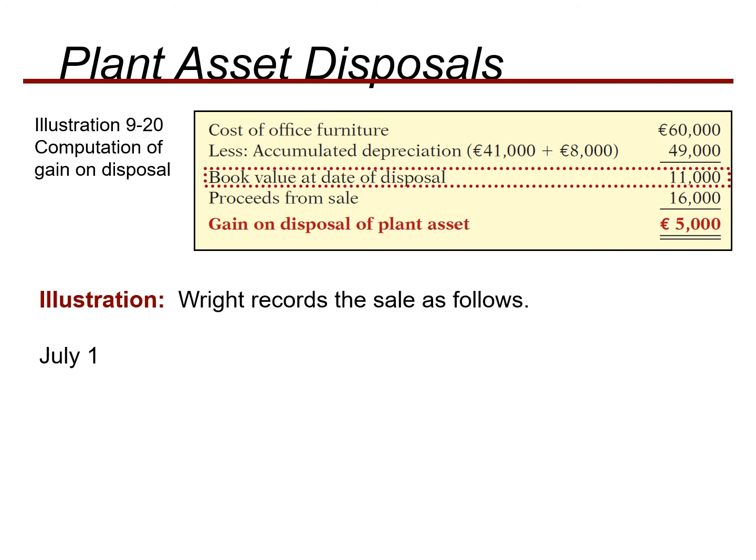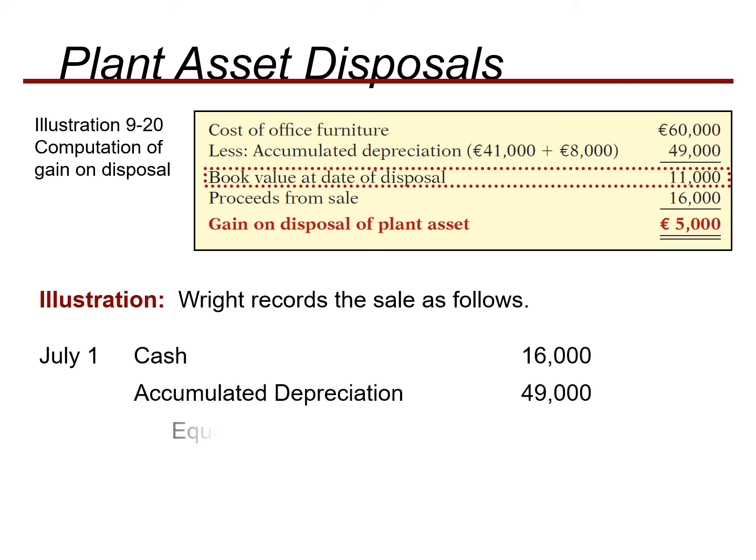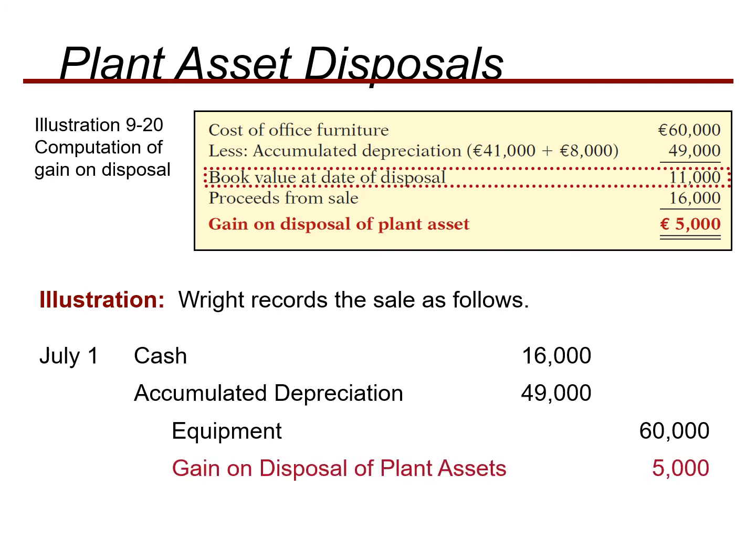So how will we record this entry? We are getting cash of 16,000, accumulated depreciation is 49,000, the equipment is 60,000, and the gain on disposal of plant asset is 5,000. This gain on disposal will go to the owner's equity account, which is why it is written over here on the credit side.